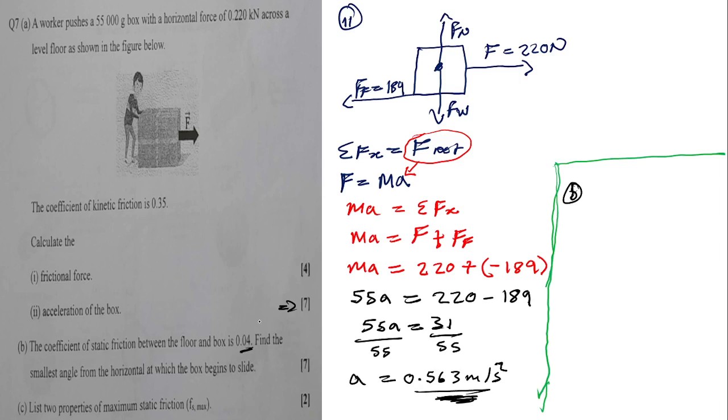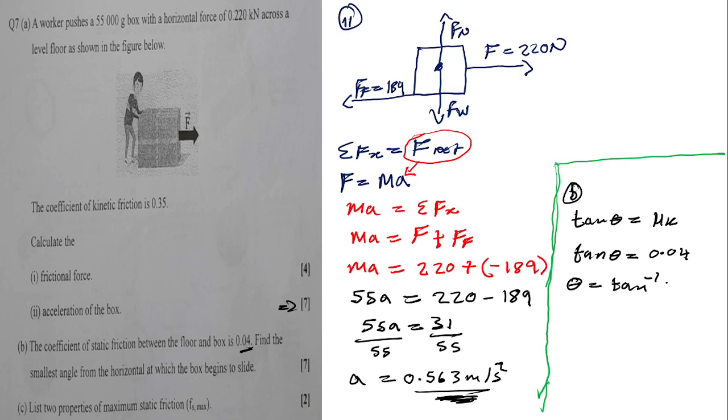When you have been given the coefficient of static friction, you're just going to say tan theta is simply equal to mu k. Tan theta is equal to 0.04. So theta will simply be equal to the tan inverse of 0.04.